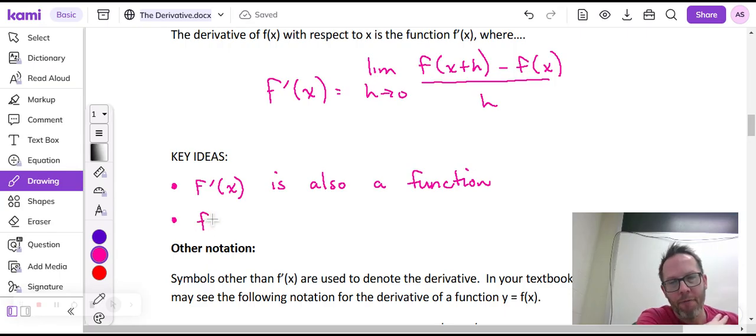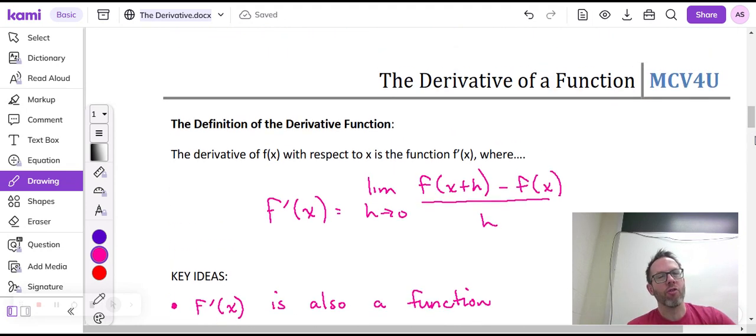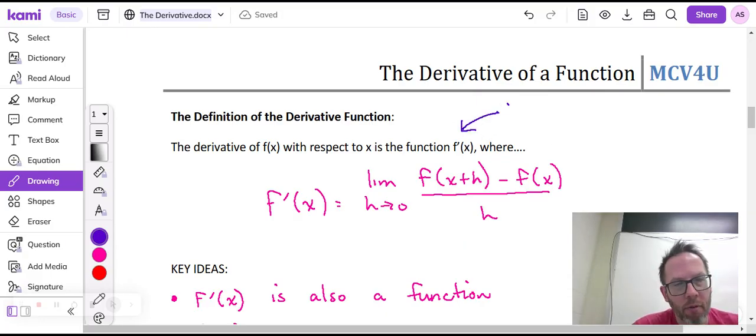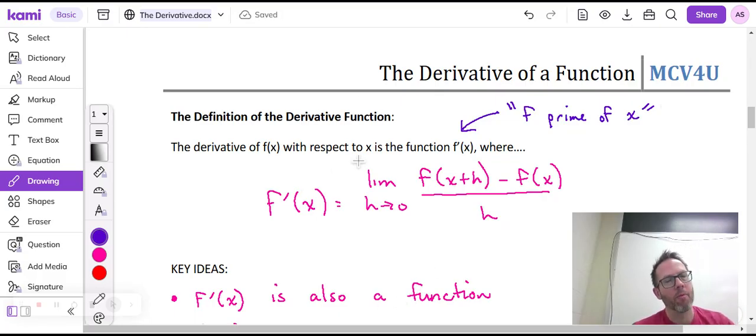And then I've been mentioning this many times, but let's just jot it down. I should also note too, I have a note here to say this. If you want to know how to read this, we read it as f prime of x. Just like a function notation. It's f of x, but that little tick we read as f prime.